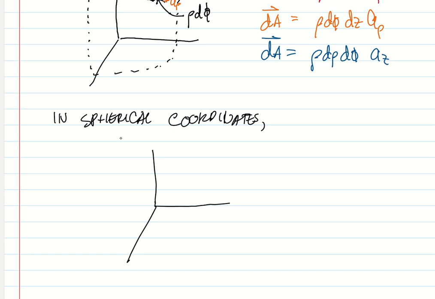So let's try to draw the sphere again here. Then we already know the different sides of the differential volume. So this is our differential volume somewhere here.